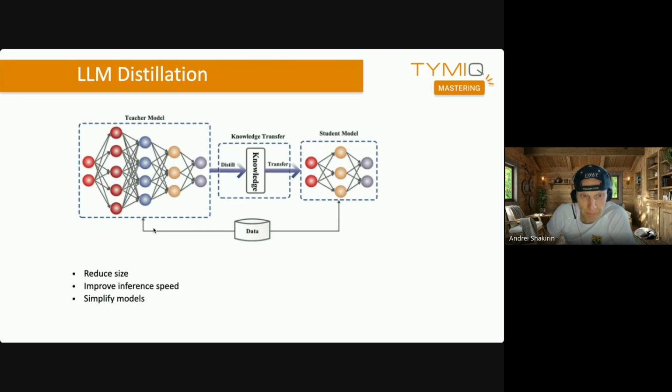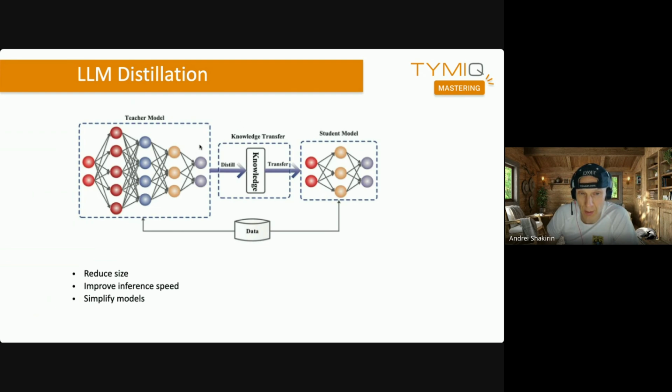So the teacher model gives the information about probability of the next tokens to the student model, and can also limit the dataset to the set of questions we only need to answer.